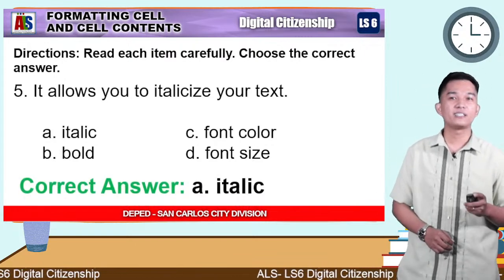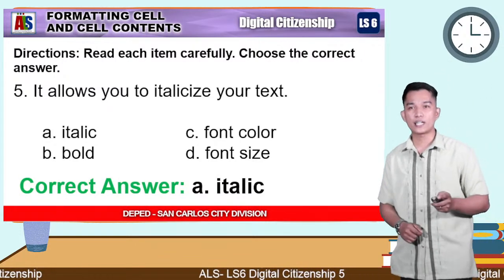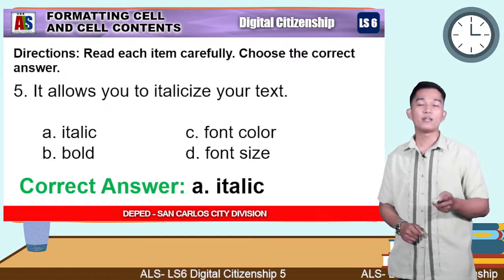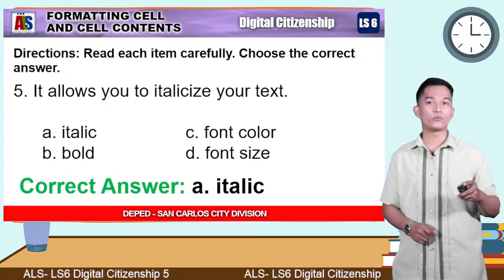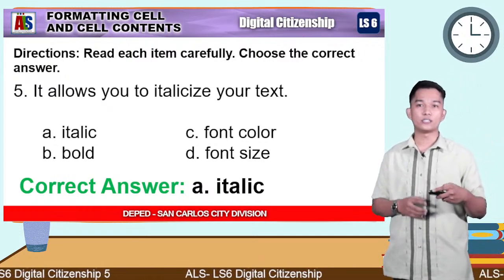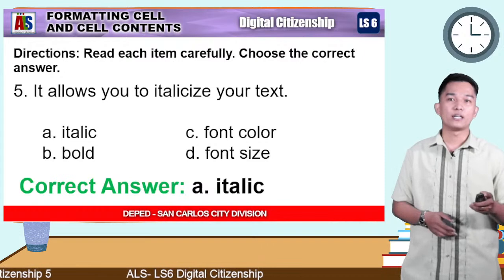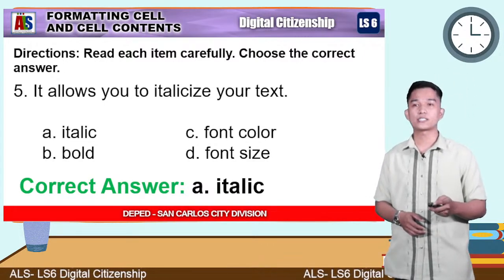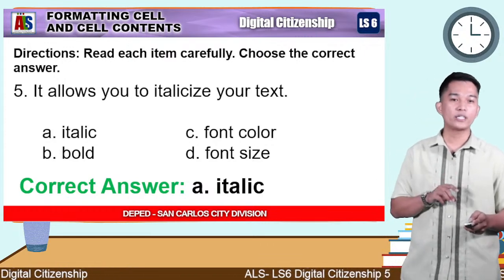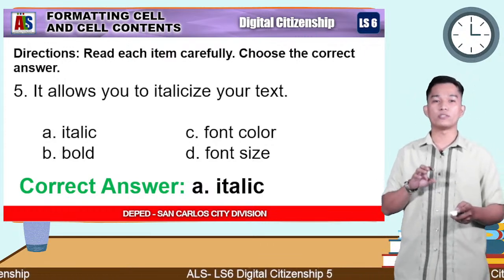Yes, it's letter A, italic. So the italic command allows you to italicize your text. Later on, we are going to see what it looks like. If you got all the correct answers, that's great. If not, don't worry, I will help you to understand more about this topic.